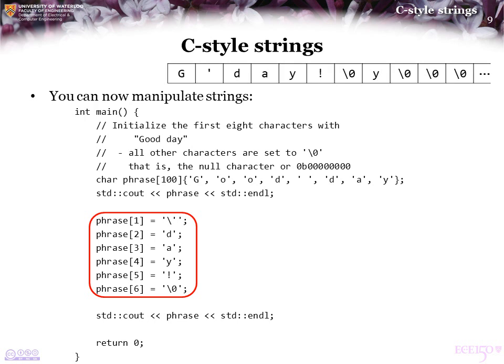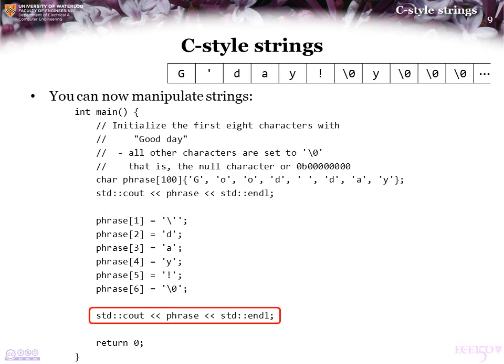So here is our updated string. Notice that after the first null character, there is still the character y, but that doesn't matter because the string ends at the first null character no matter what.